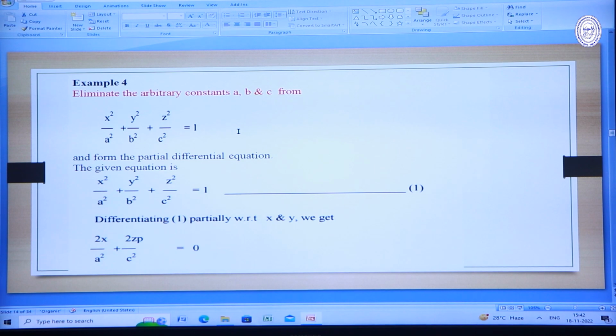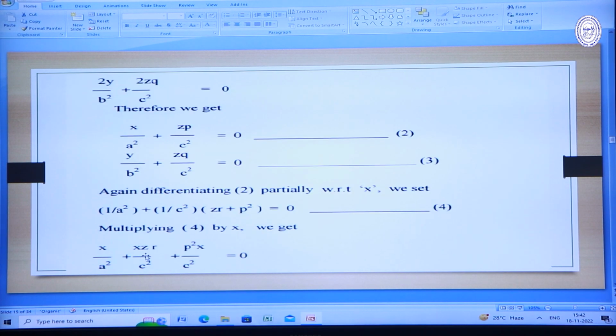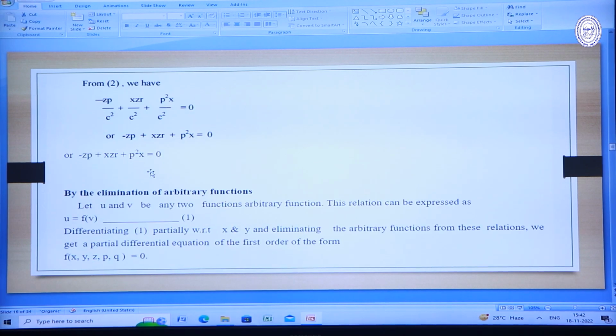For a partial differential equation, differentiating this equation and removing the arbitrary constants, we get the required partial differential equation. Partially differentiating this equation with respect to x and y, we get this, and we get a partial differential equation.